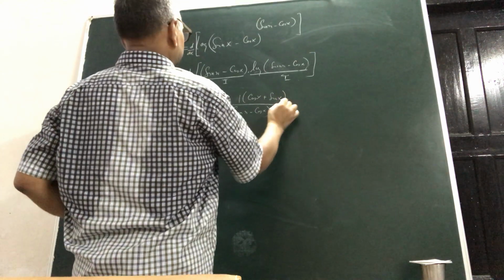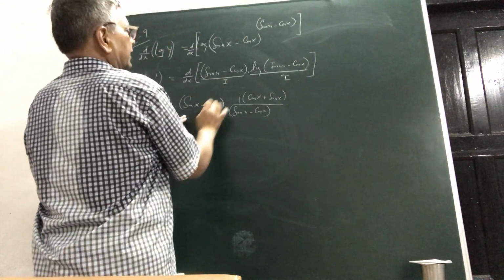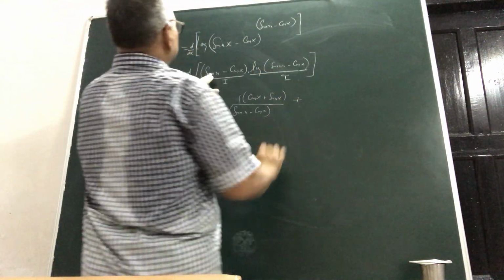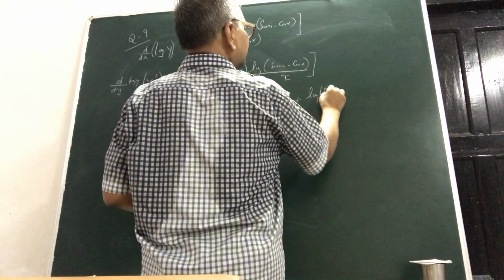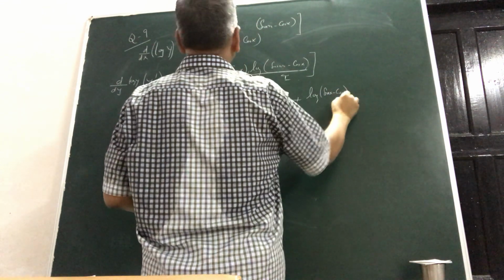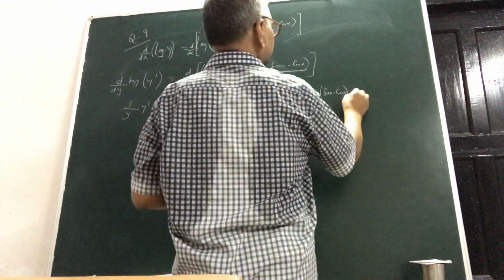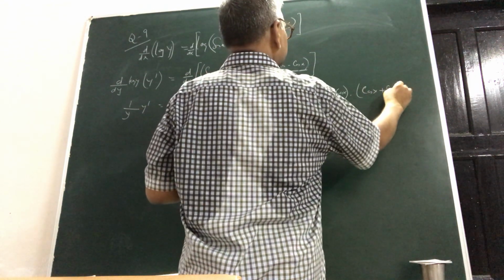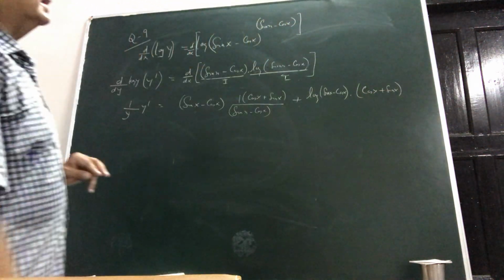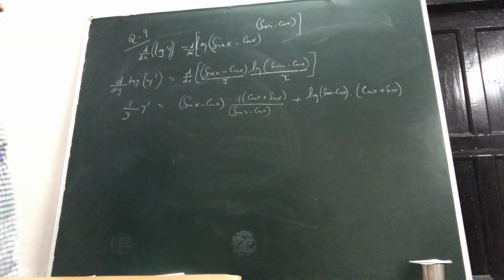So this is this much. First function into derivative of second, plus second function, which is log of sin x minus cos x, into the derivative of this thing. So this is your cos x plus sin x, or sin x plus cos x.